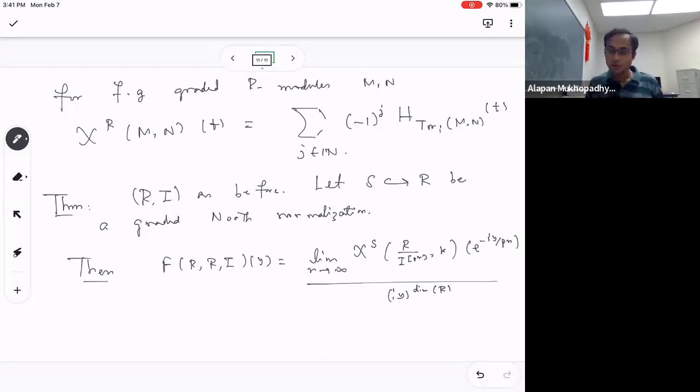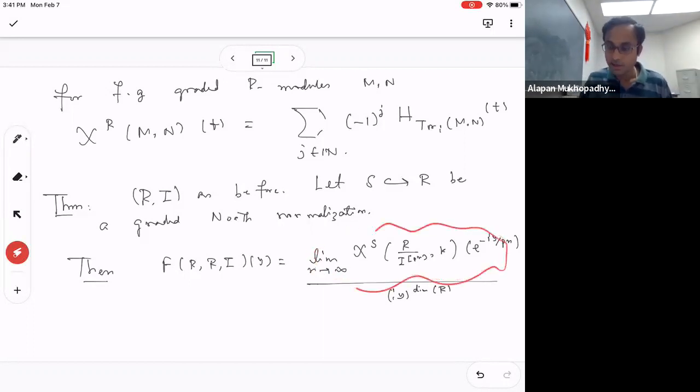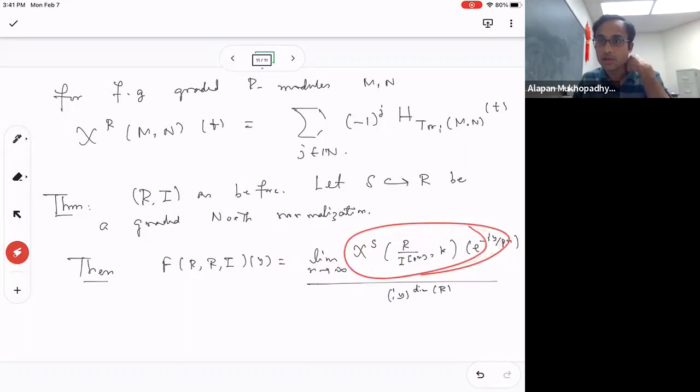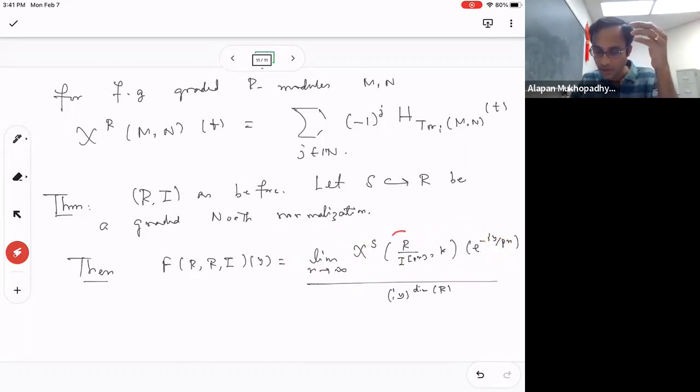Okay, so if you look at this theorem, it's saying several things. First of all, the numerator can be described in terms of, if I fix n and look at this quantity, it basically contains the information of the graded Betti numbers of R mod I power bracket p power n.